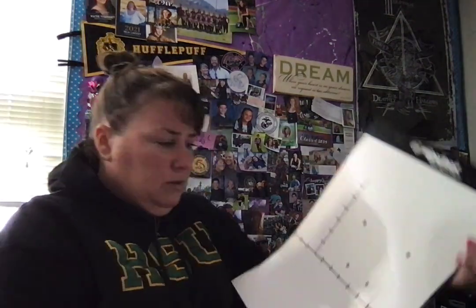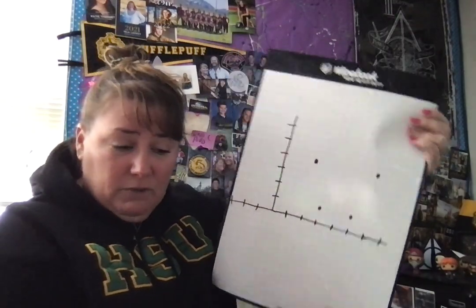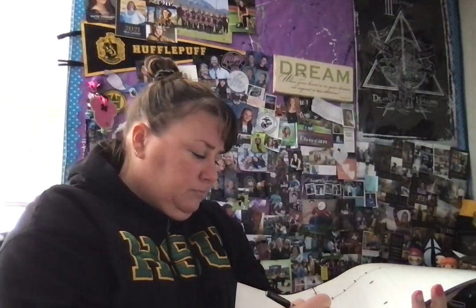So that's something to look out for to help you. So (3, 1) and (5, 1). And then also don't forget your vertex at (4, 0). And remember, these are parabolas, which means they are U shapes.